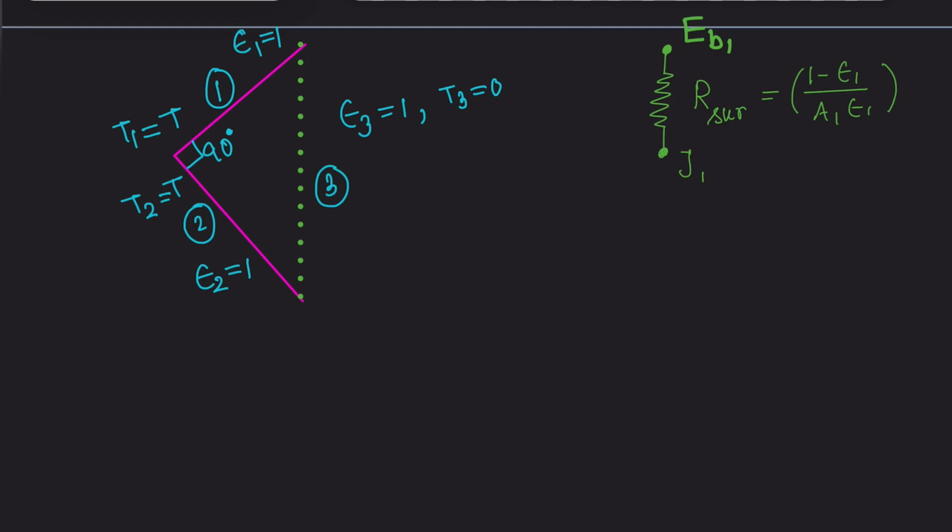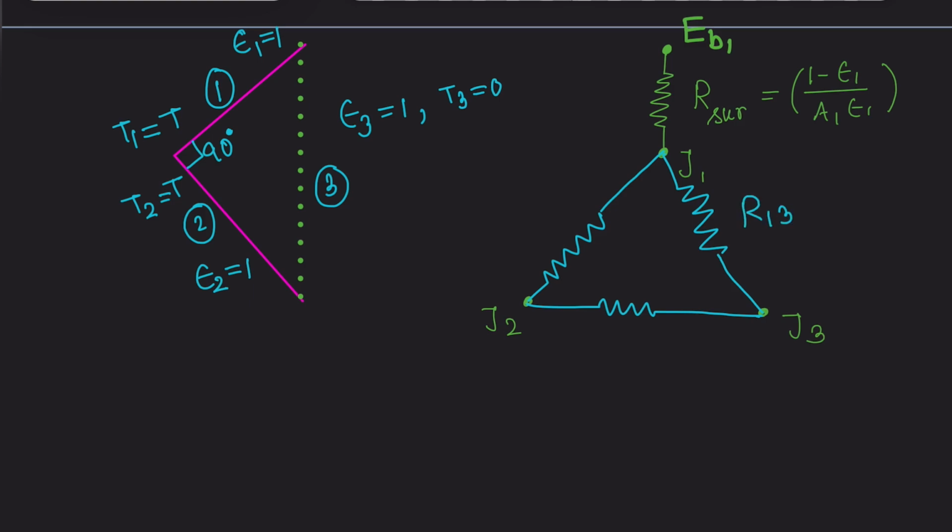Then see, this surface will have the connection through the view factor thing with the two other surfaces. So let me draw the nodes for the two surfaces. Here it will be J2 and J3, right? So if I again draw this, okay, this will be R13, this will be R23, this will be R12.